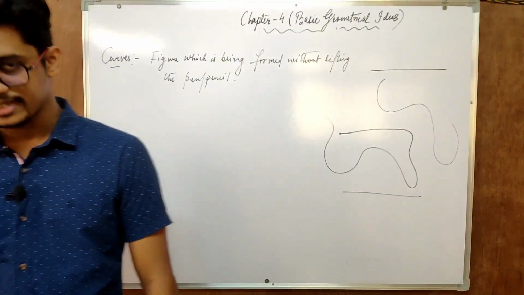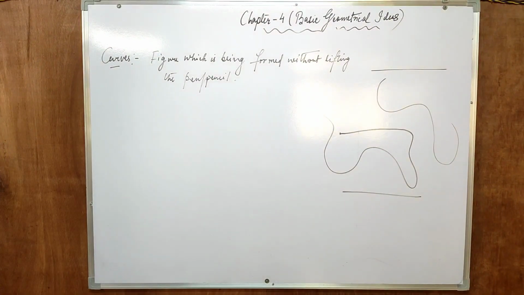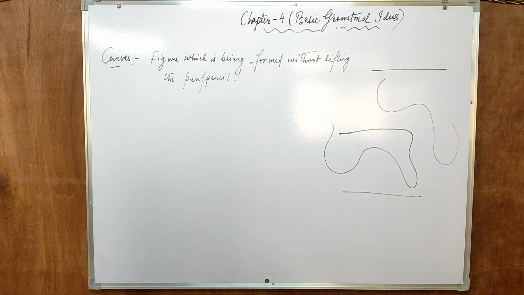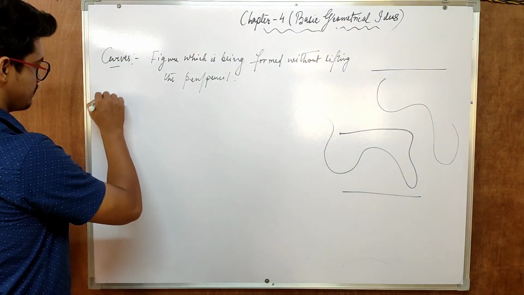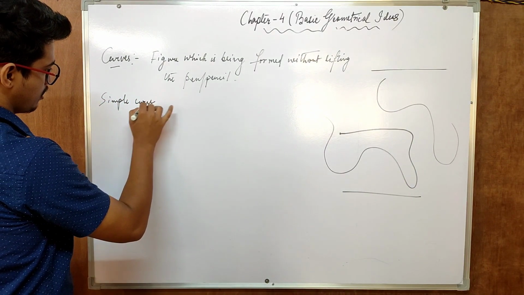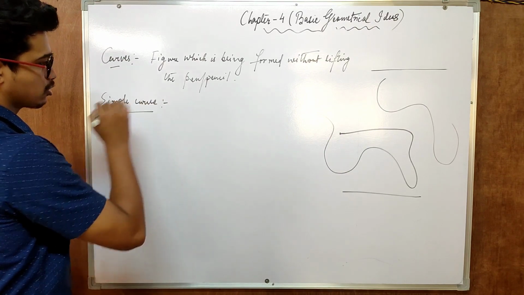Alright, after that there are subtypes of curve, which are called simple curve. Simple curve means a curve which does not cross itself. A straight line does not cross itself.